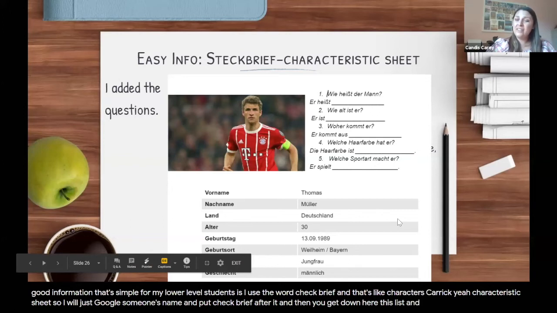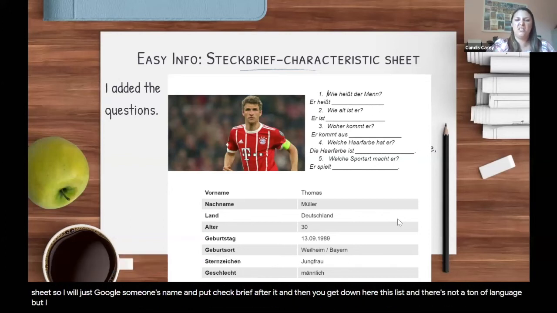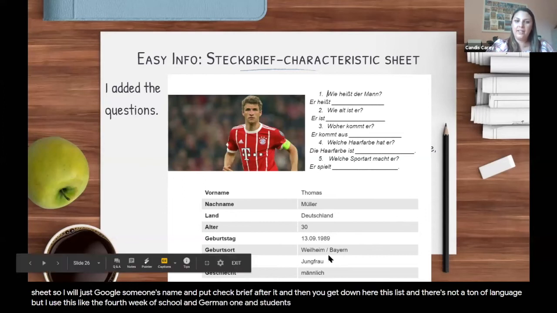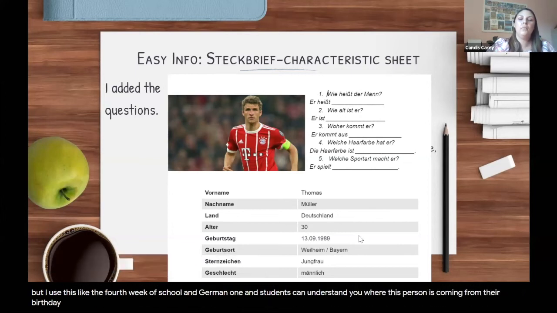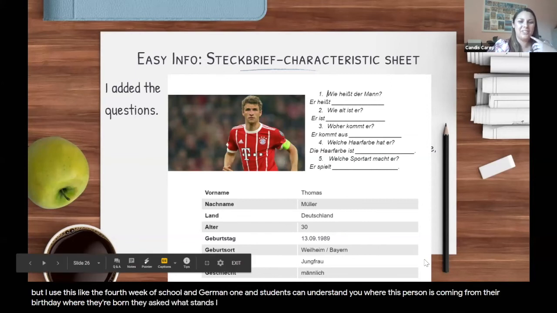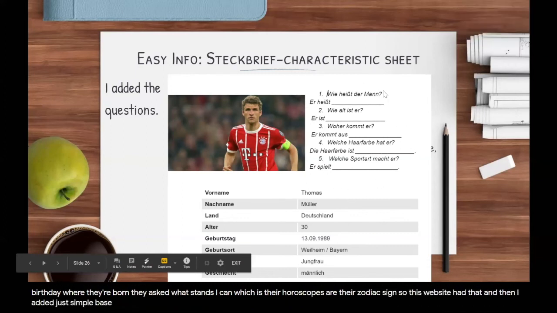And there's not a ton of language, but I use this like the 4th week of school in German 1, and students can understand where this person's coming from, their birthday, where they're born. They asked what's Sternzeichen, which is their horoscope or their zodiac sign. So this website had that. And then I added just simple basic questions on there.